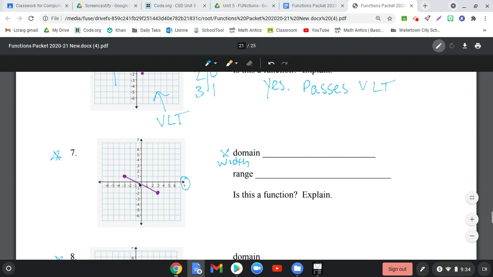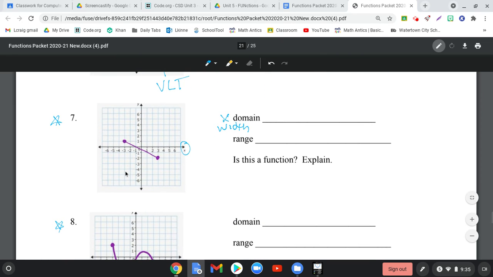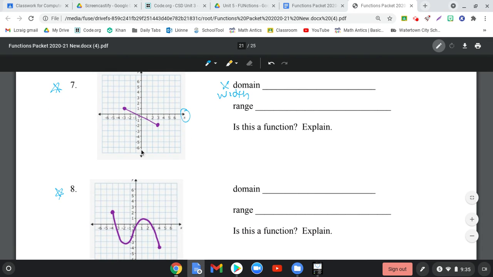So this could be, you know, -0.5, -0.6, -0.2. You're thinking about all those decimals in between. So we're going to use our interval notation that we did back when we talked about inequalities.